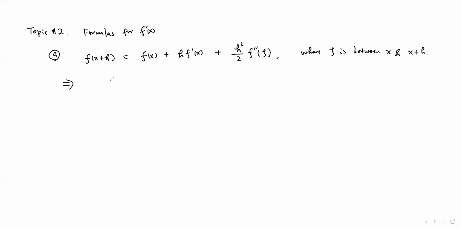Then we get the derivative equals 1 over h times f of x plus h minus f of x, then minus h over 2 times the second derivative.